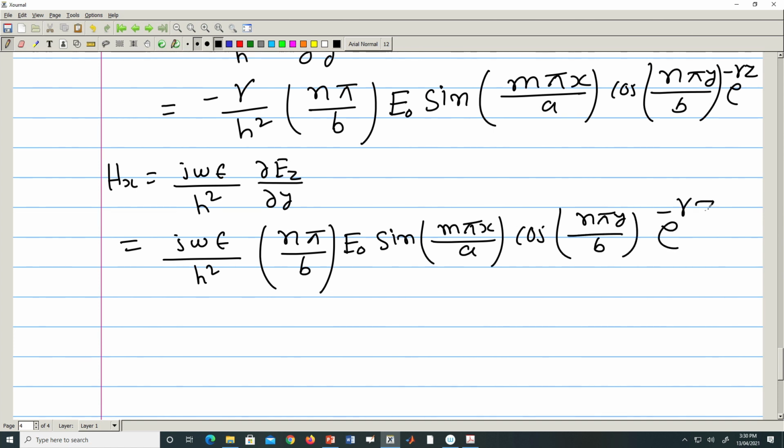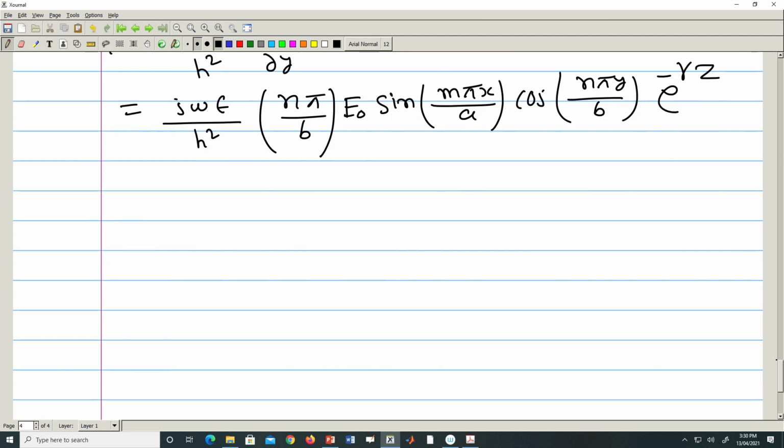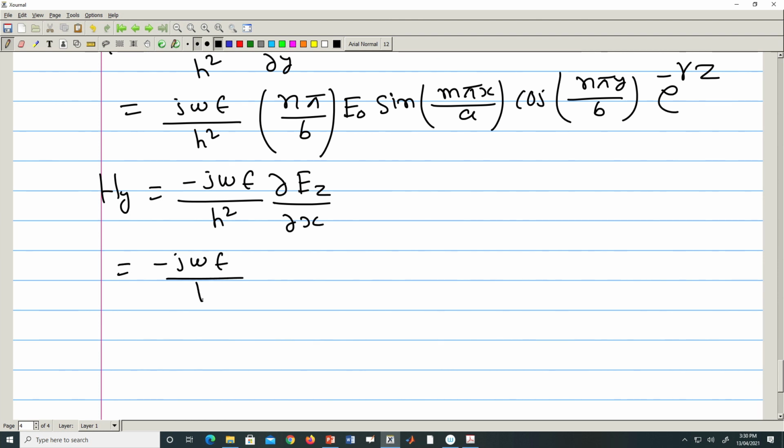Hy will be minus j omega epsilon by h square del Ez by del x. So this will come as minus j omega epsilon by h square, and this is on x, so it will be m pi by A, E naught, cos of m pi x by A, sin of n pi y by B, e to the power minus gamma z.